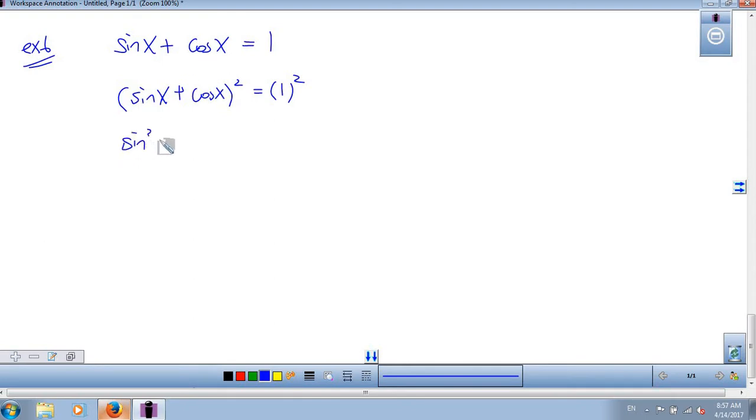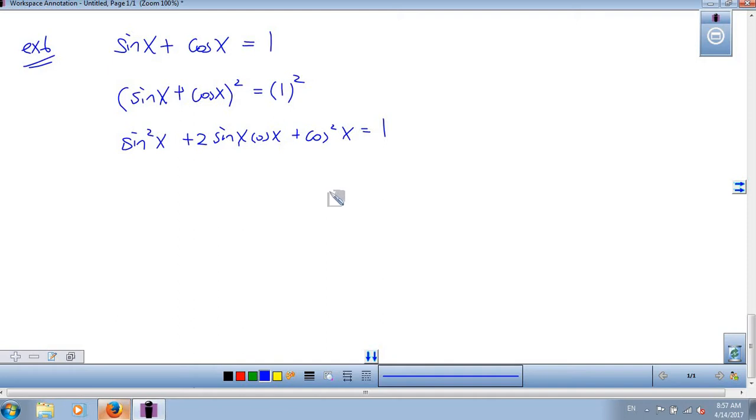So let's square that. It would be sine squared x plus 2 sine x cosine x plus cosine squared x equal to 1.